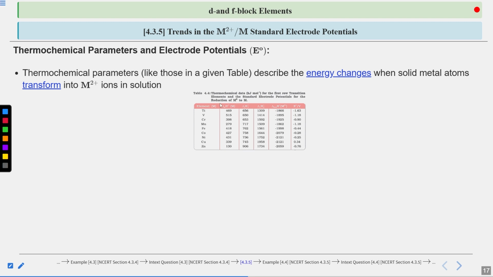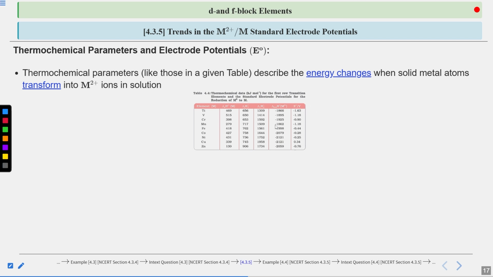In this column, we have the enthalpy of atomization, the energy you need for converting the metals into free atoms. Here the first ionization enthalpy, here the second ionization enthalpy, and in this column we have the hydration enthalpy of the ion, and here we have the E0 value, that is the electrode potential.